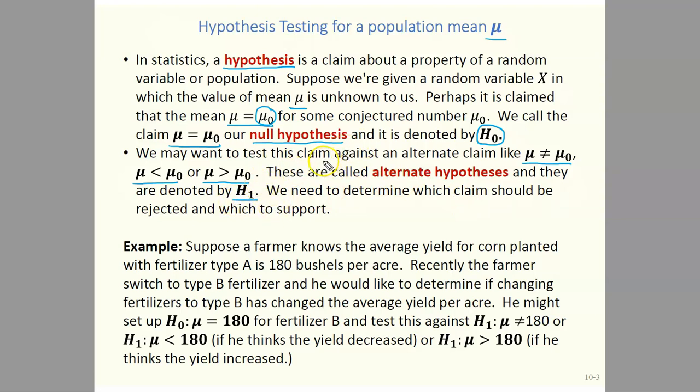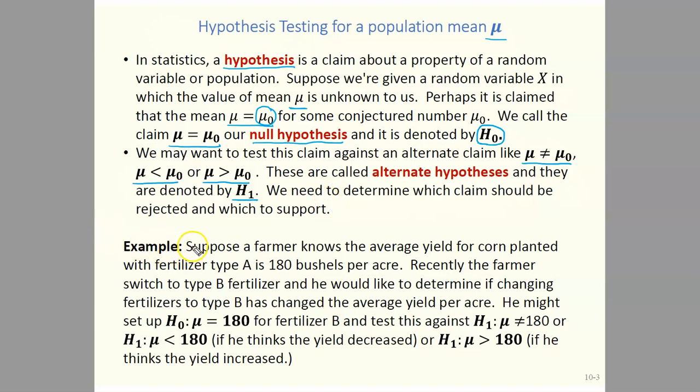Now keep in mind that when we do hypothesis testing, we set up our null hypothesis, which is a statement involving equality like this right here. And for our alternate hypothesis, we pick one of these. We don't use all of them, we just pick one of them depending on the type of test we want to perform. Now what we need to do is to determine which claim, H0 or H1, we should reject and which one we should support.